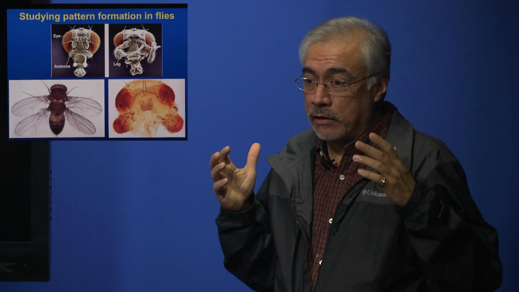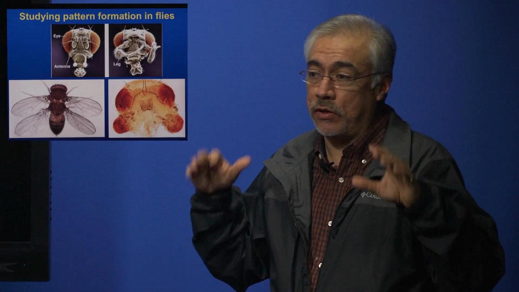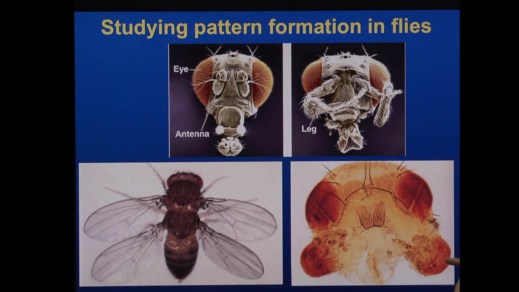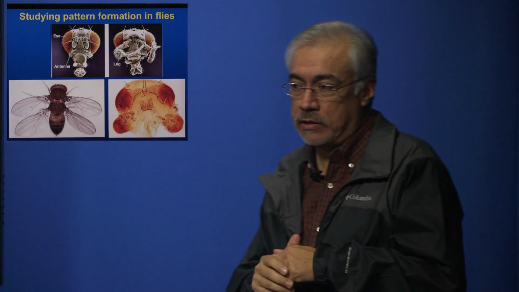So then the organism says, okay, I have priority to make an eye. I'm going to make an eye right here, and the information for the antenna is gone. So now you have eyes instead of antennas. You have the normal eye, but then you have ectopic eyes, and there were examples where the eyes were coming out from legs or from wings and so on.